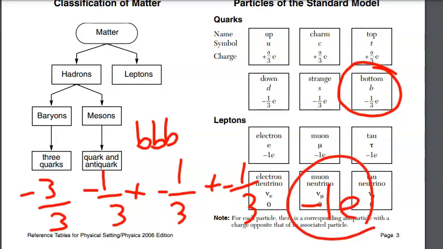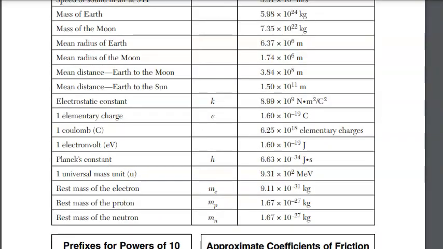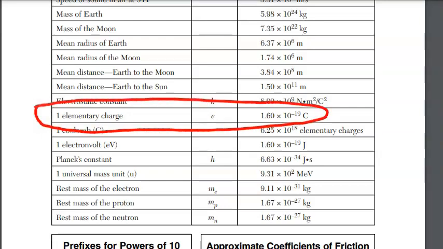That means we need to do the conversion, remember, because we want it in coulombs. We are back at the front of the reference tables, and we want one elementary charge, or e, to equal 1.60 times 10 to the minus 19 coulombs, and sure enough, here it is.